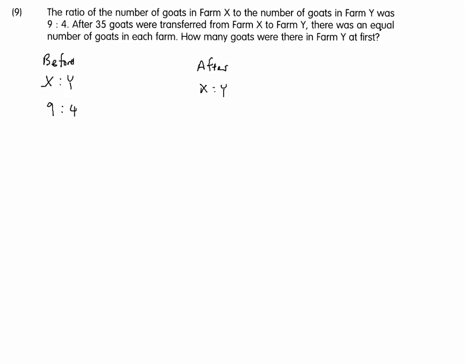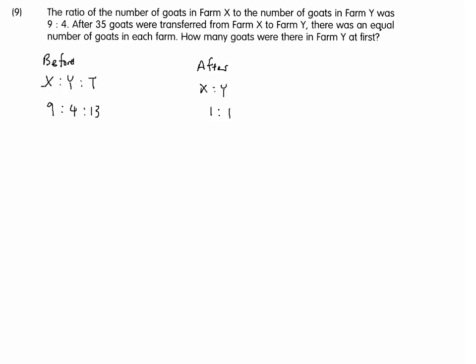Now we can see that we only transfer goats from X to Y. So when we only transfer from X to Y, what happens to the total? Total remains unchanged, right? So we need to come up with another column for total. What's the total for the before? And the total for after?